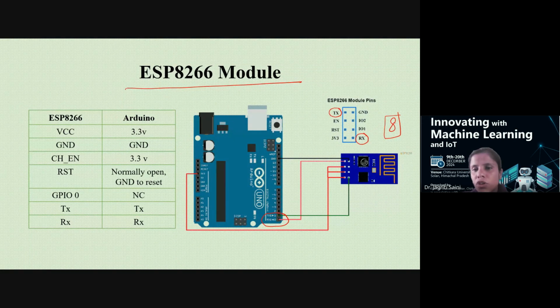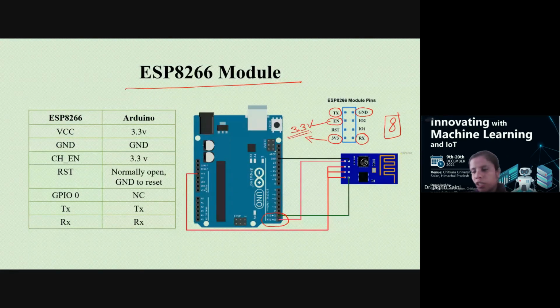Similarly, the ground, of course, you have to use on the dedicated ground terminal. This 3.3 volt you have to use on the 3.3 of your Arduino. And then one more pin that you need to connect is this enable pin, and this is also connected on the same potential as that of your VCC, that is your 3.3 volt. So these both will go to 3.3 volt.